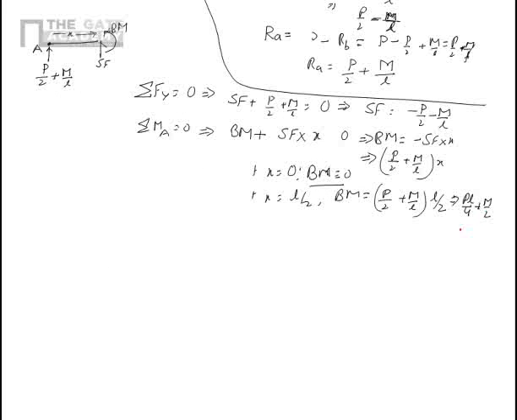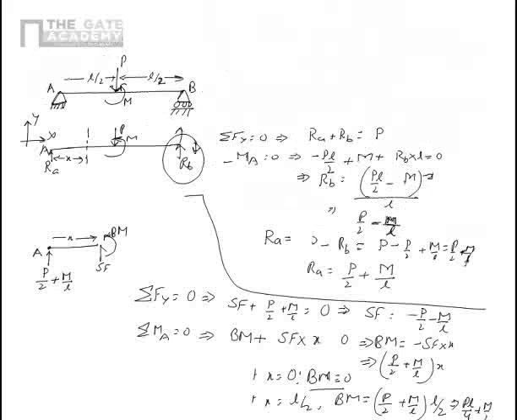Now you see this equation carefully. What this tells is, at the center point where P is applied, had there been only the force, the bending moment there would have been P into L by 2 into L by 2 upon L, because it is PAB upon L. So from that it would have been PL upon 4.